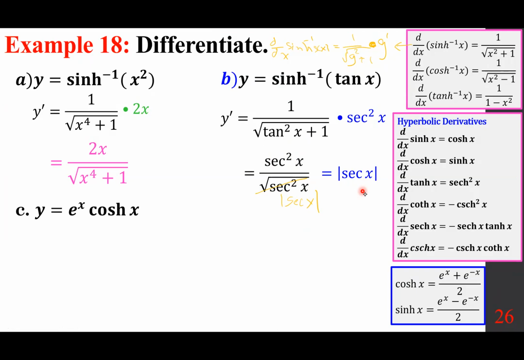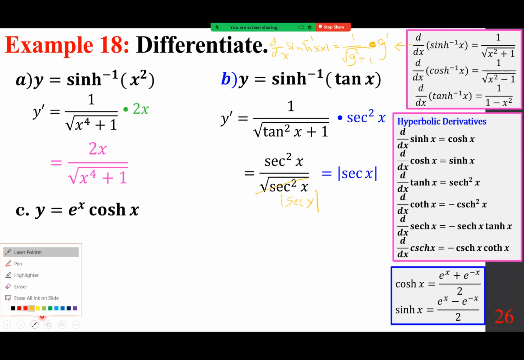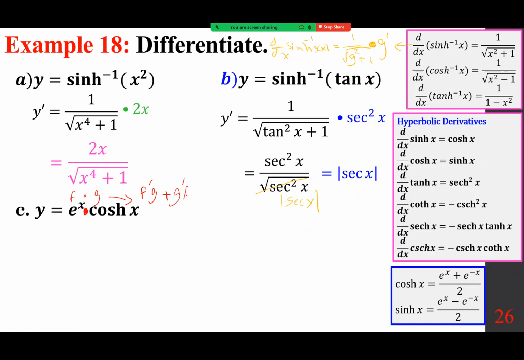We want to differentiate this, and I'm going to put a raised dot, meaning I'm looking at a product rule of f times g and a shorthand notation f prime g plus g prime f.